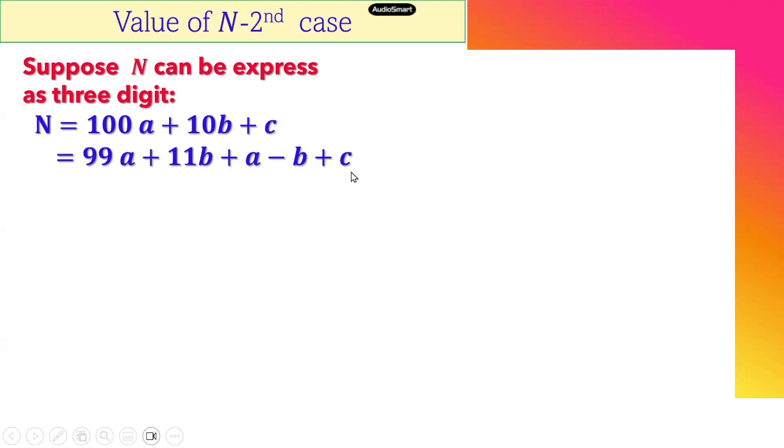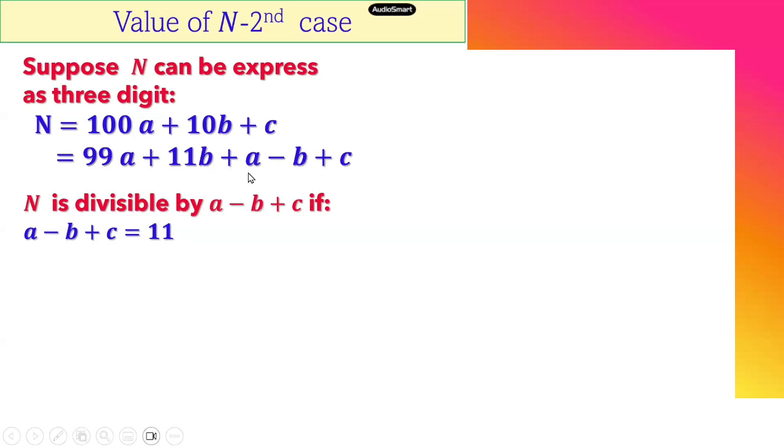So if a minus b plus c is equal 0, then it will be almost the same as the first case we discussed. So we are not taking a minus b plus c equal 0. We are taking a minus b plus c equal 11. Now the question may be, why not 22 or 33? Now we will see that here the values of a, b and c will be from 0 to 9.